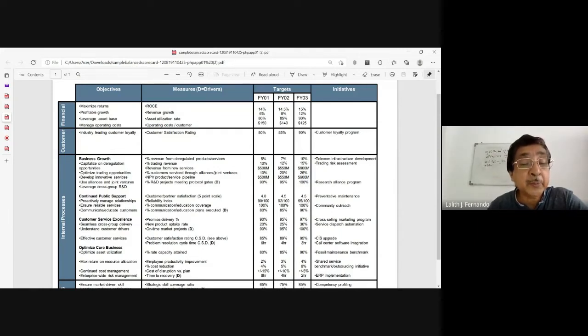So cross-group delivery means the deliveries have to be very smoothly done intra-group, within the group. Then understand customer drivers.